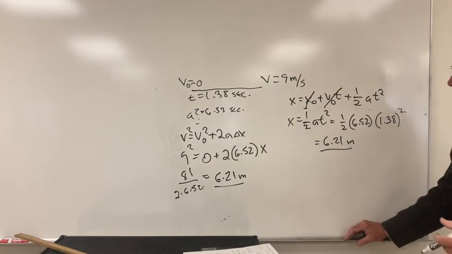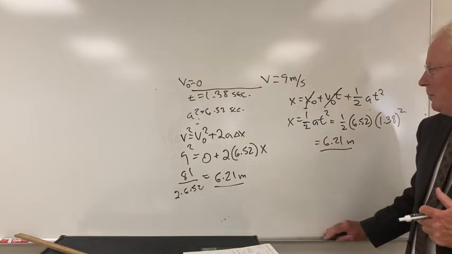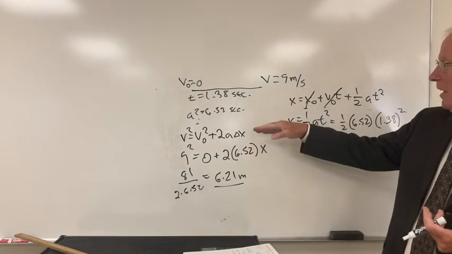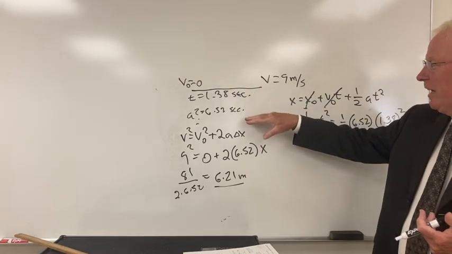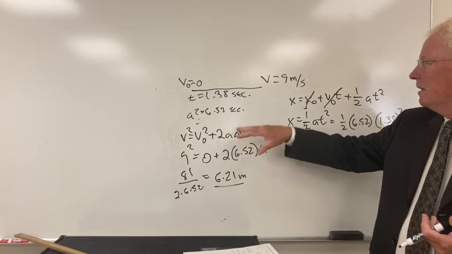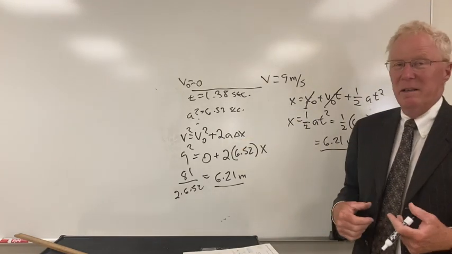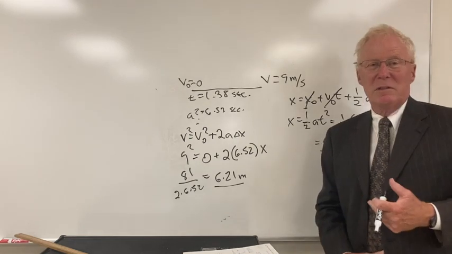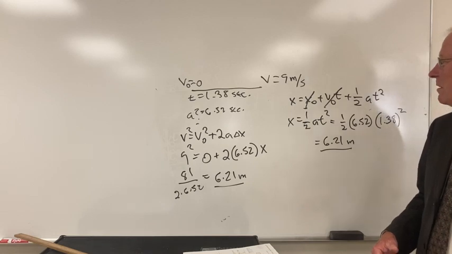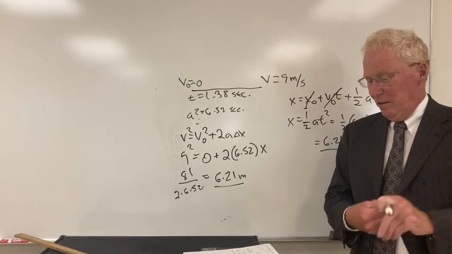Same answer in both cases. So you can solve it either way, depending on the problem, depending on what information you have. In this case, we could not have found X directly because we didn't know the acceleration. So we would have to find the acceleration before we find the distance it travels. So we have to solve for the acceleration first, and then once we do that, we can use either expression to get the answer there.